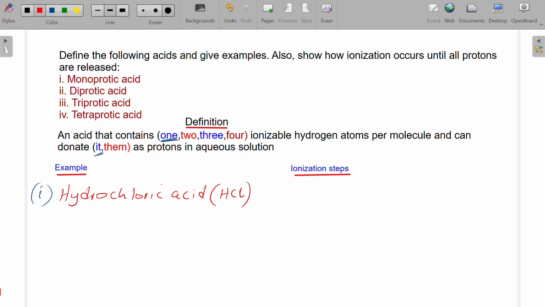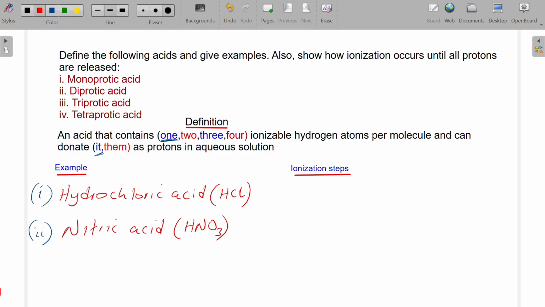So that's hydrochloric acid. And the second one we'll have is nitric acid. Nitric acid has a chemical formula that is HNO3. So those are the two examples we're going to give under monoprotic acid.